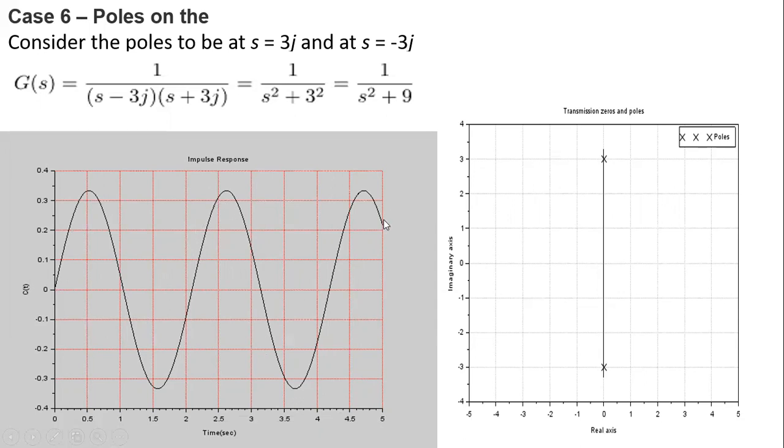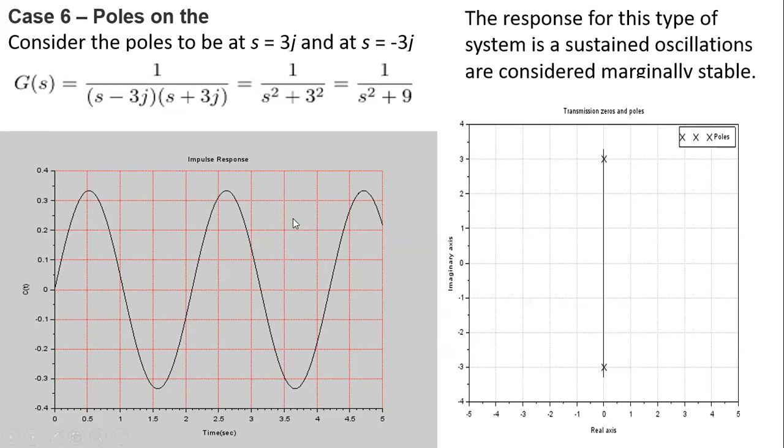If the amplitude slightly reduces over a period of time, it eventually decays. But if the amplitude slightly increases, it eventually rises to infinity with time. So the condition where the response is a sustained oscillation lies between being stable and unstable. This is exactly what we call a marginally stable system. These are all the different cases we have seen.